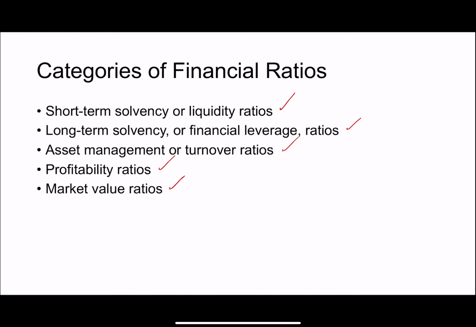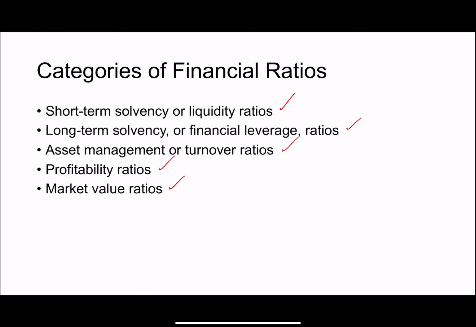For each of those areas, we have a bunch of parameters, some indicators or ratios, and we cannot say which ratios are more important than others. We cannot unequivocally say that profitability is more important than liquidity. We cannot say that asset management efficiency is more important than long-term solvency. So the goal here is not to emphasize only one group of ratios.